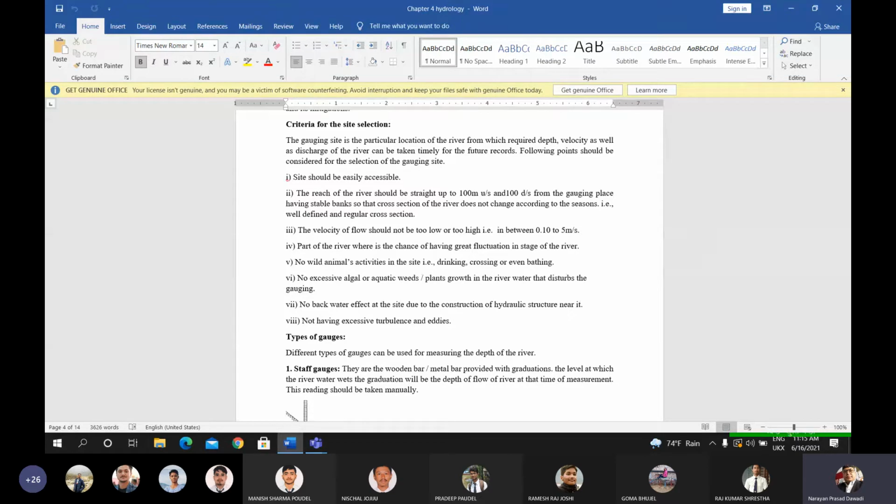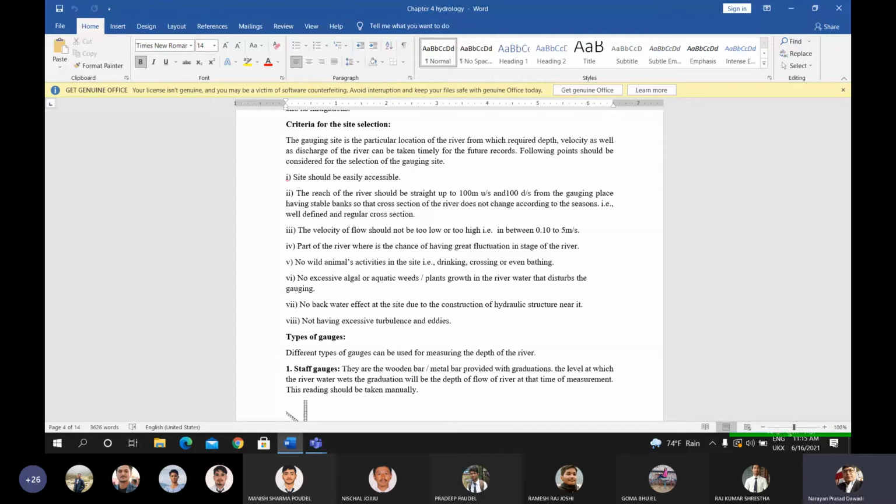The cross section of the river does not change according to the season. That is a well-defined and regular cross section. The cross section must be well defined and regular, meaning that it is not affected by the water, that is, the banks and sides. If the bank sides and the bed of the river are not affected by the flowing water, then the section will be constant and regular.